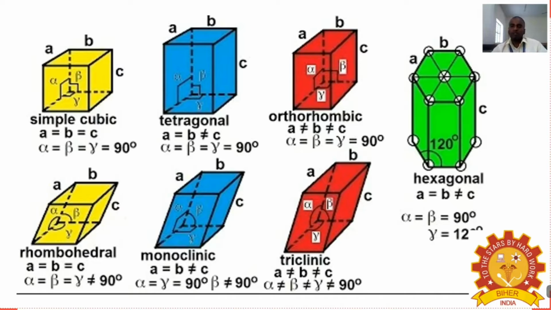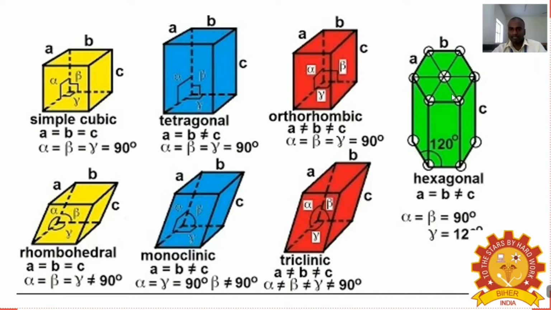Next we go to hexagonal. This hexagonal structure is totally different from other crystal structures, as you may see in the figure. Here we have a hexagon-like structure. The ions or atoms are present in this manner. That's why this type of crystal is called hexagonal.